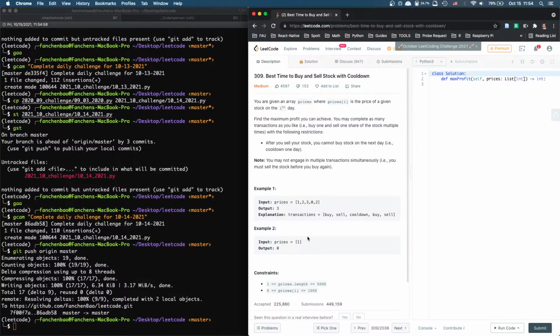Is that the state transition? Of a cool down state, we must go through cool down state, and then we go to the empty state. And from the empty state, we can buy, and then we go to the holding state. And each day will be in one of the states.